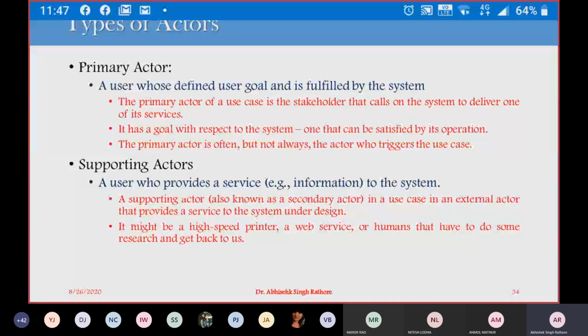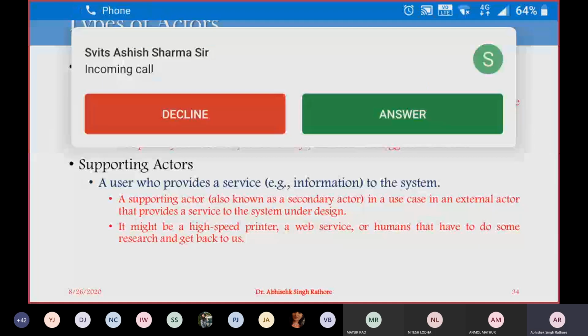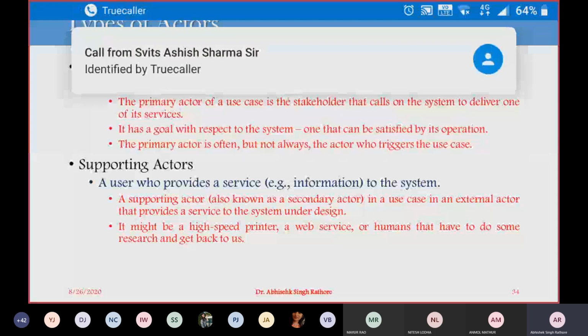Then when we go for, let's say, a payment service, the payment service is outside our system, and it is not usually used by our use cases or functionality. So these are considered supporting actors.